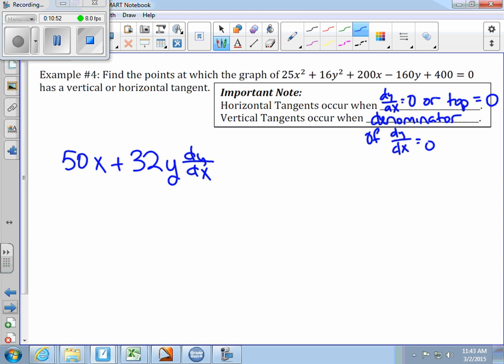Good, it's 16y to the first times, do the chain rule, times y prime. And where'd the 400 go? Away.